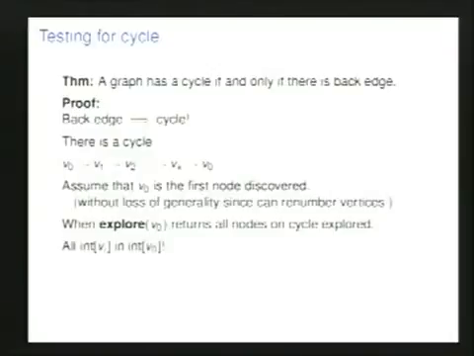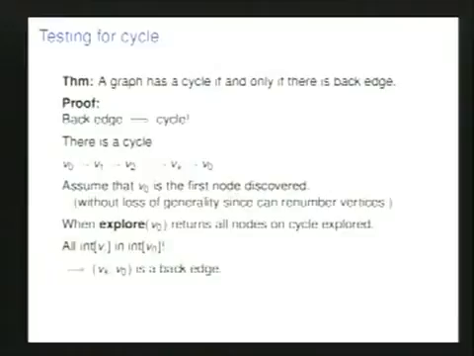So that says for every one of these Vi, the interval that they're on the stack is inside the interval of V0. So in particular, the interval of VK, the last node on the cycle, is inside the interval of V0.